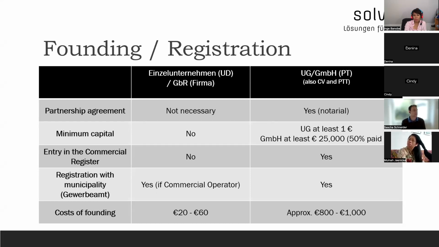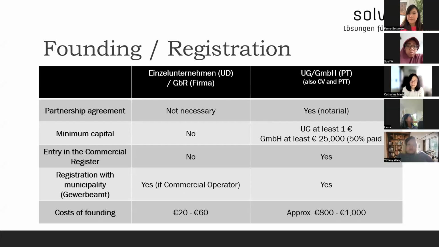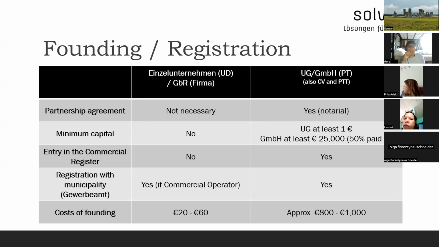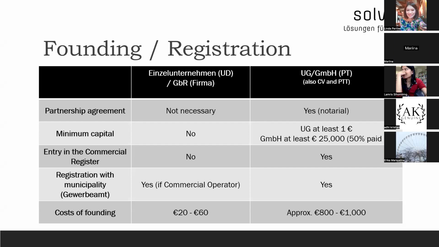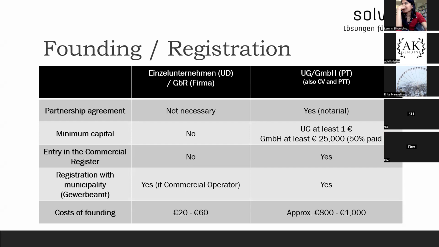So in this case, it also wouldn't make sense to enter the commercial register as an Einzelunternehmen or GbR. For the GmbH or UG, it's necessary. The notary will do it for you, so you don't have any other options.